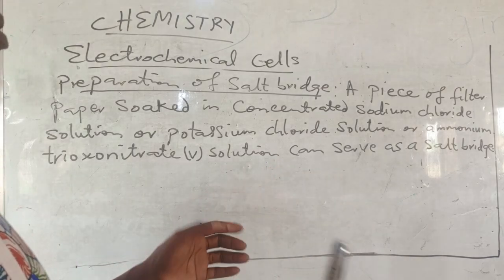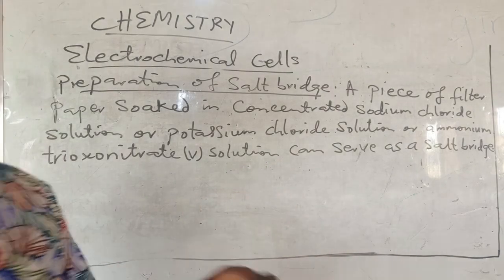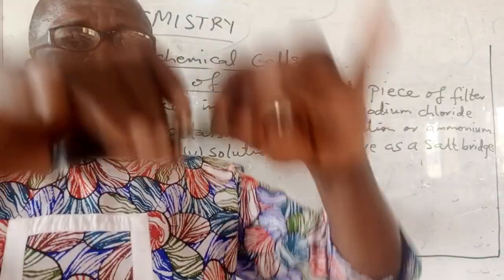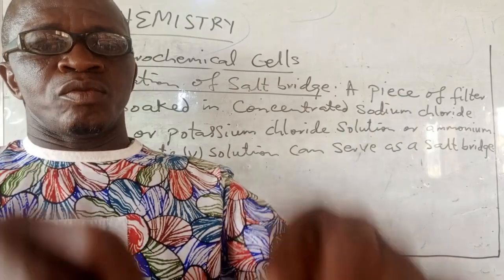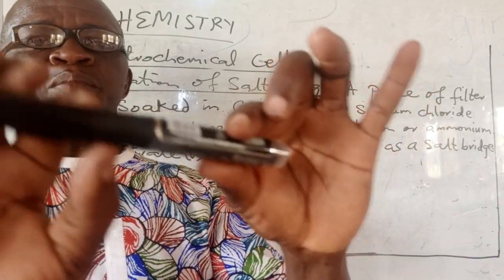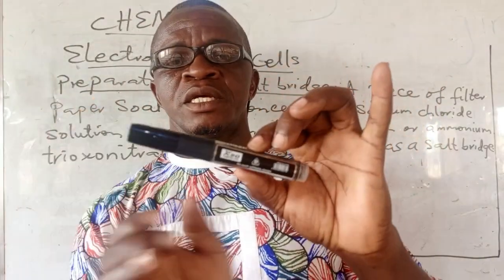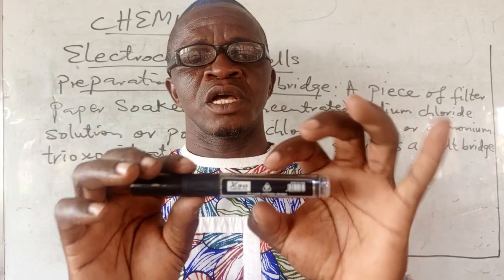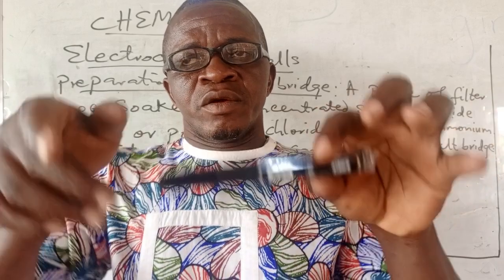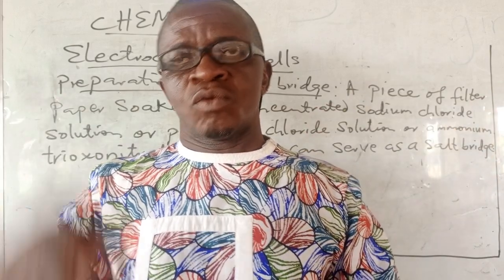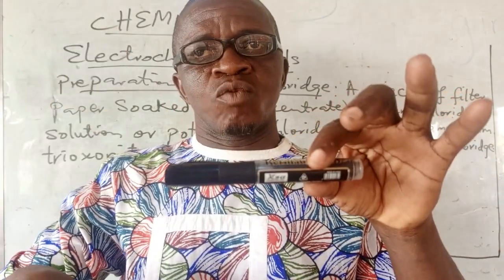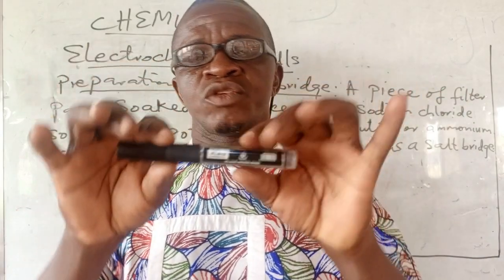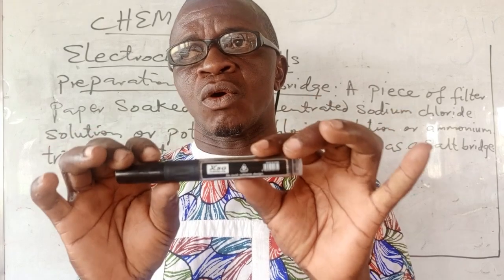So when you prepare any of the three solutions, you carry the filter paper, soak it inside, dip it, allow it to be wet, and then bend this side, bend this other side. You remember we were using two beakers. When you bend this side, fix it. This leg should go inside one beaker, while this leg should go inside the other beaker. You have prepared your salt bridge.